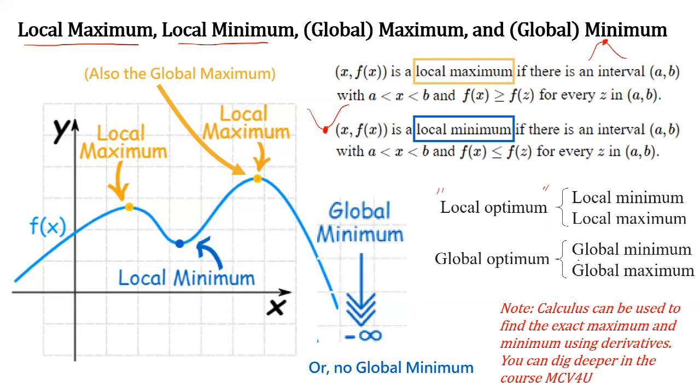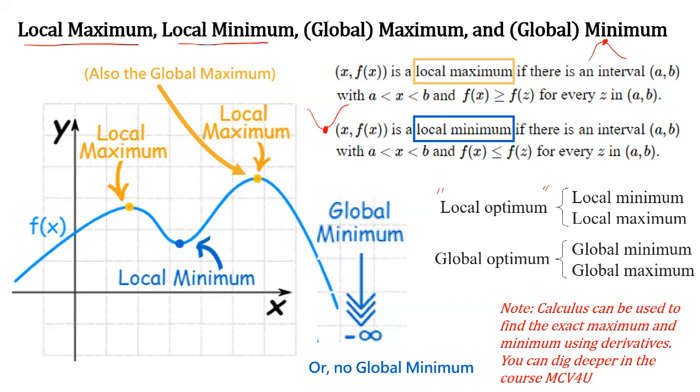In contrast, global maximum and global minimum mean, for every x in the domain, if this point is the absolute minimum point, then this point is called the global minimum. And if this point is the absolute maximum point in the whole domain, then this point is called the global maximum. Understand?